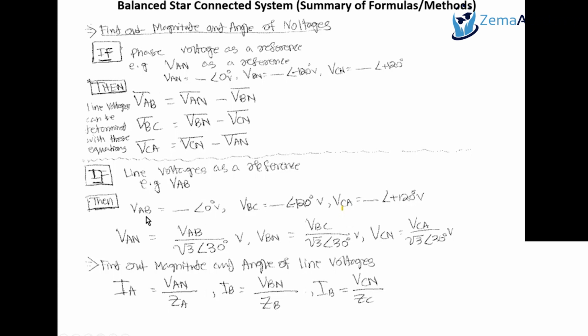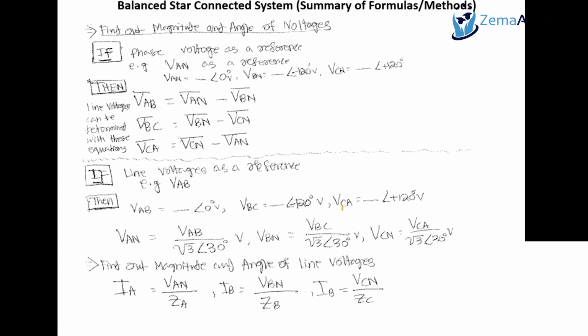If the line voltage VAB is considered as a reference, then VAB would have the angle 0 degree, VBC would have the angle minus 120 degree, and VCA would have the angle plus 120 degree. Now these are the same concepts that we applied to the phase voltage.